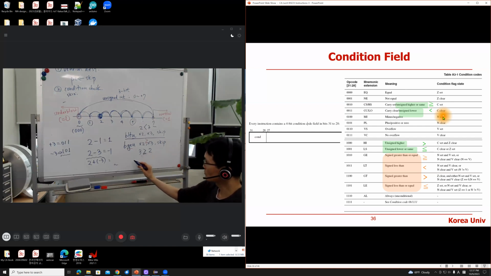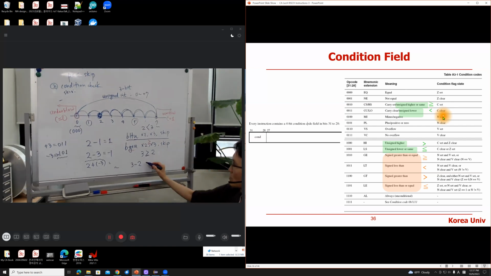So you have to make the CPU do subtraction, 3 minus 2. Then the computer will do addition for subtraction, so 3 plus minus 2. If you do the math, minus 2 is 1 1 0, 0 1 0 plus 2, which is 6.